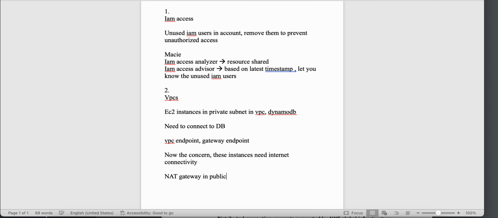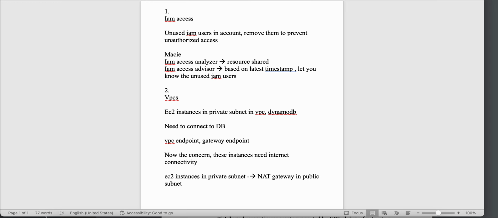Since your instances are in a private subnet, you have to have a NAT gateway in the public subnet. So the EC2 instance is in the private subnet, and the connection flows like this: the private IPs of EC2 connect to the NAT gateway in the public subnet.